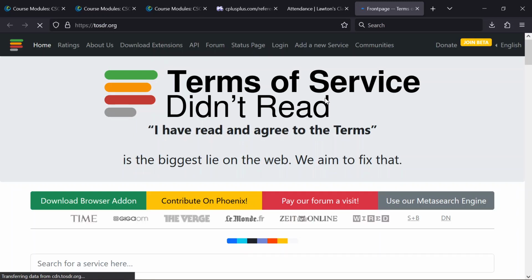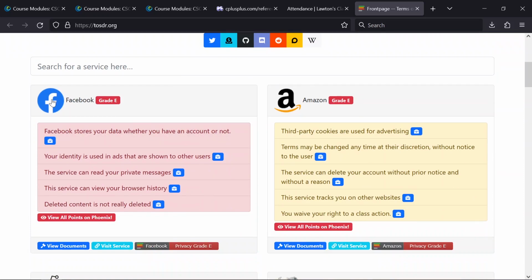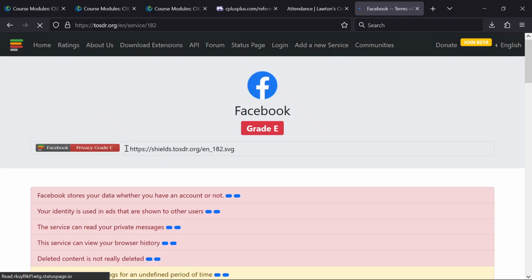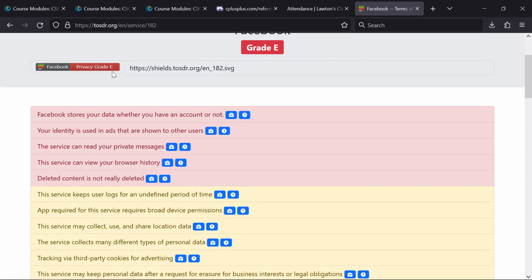tosdr.org, you see a bunch of people who've done the hard work for you. If you scroll down, it has given a grade to a bunch of popular websites, and there's more if you keep scrolling down. Facebook is grade E, oh no, Amazon grade E is the worst grade you could have. And if you click on them further, like Facebook, it shows all the reasons why Facebook is not good, why it got this grade.